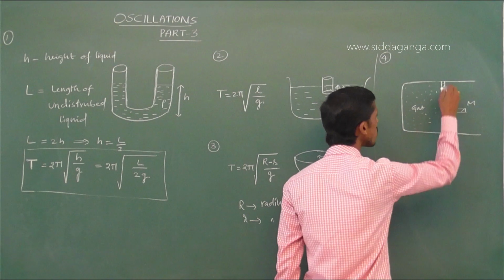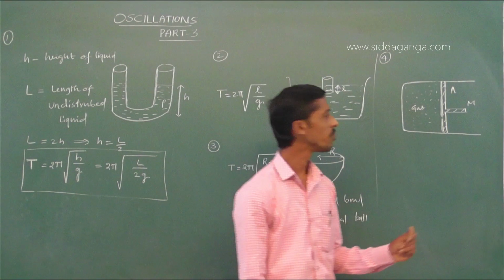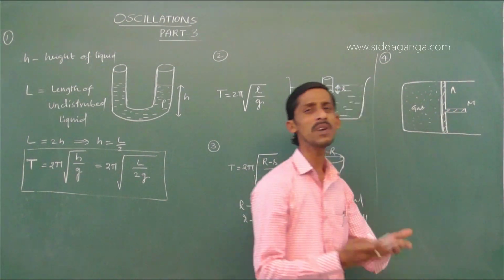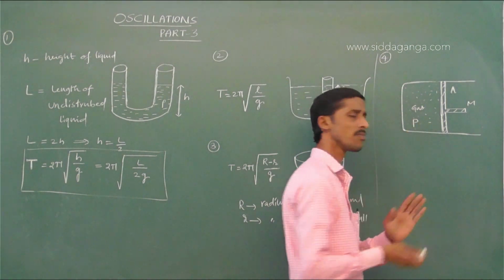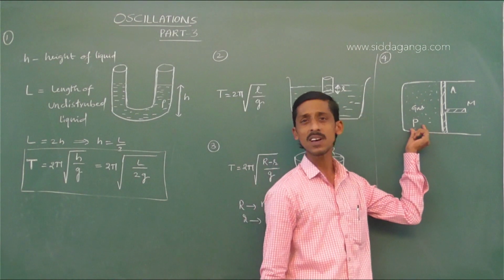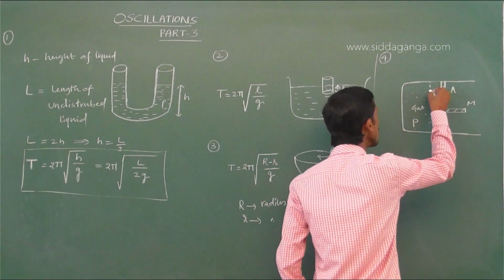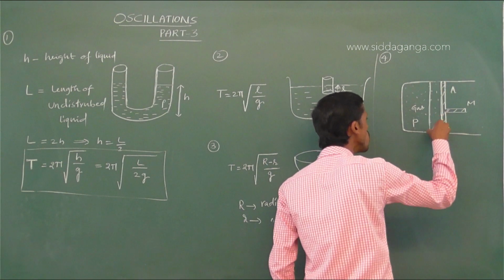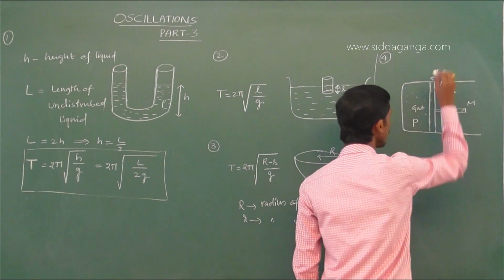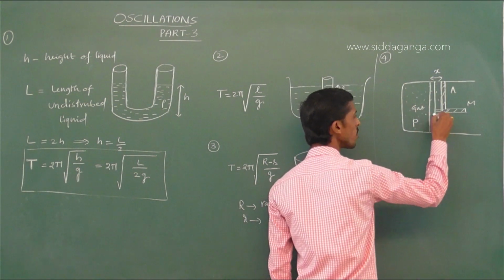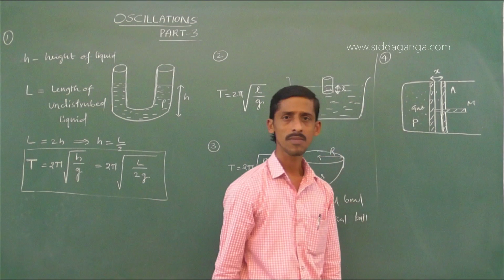And this piston is free to slide. At some instant, P is the pressure of the gas. When the piston is pushed through a small distance, let us say x, what happens?